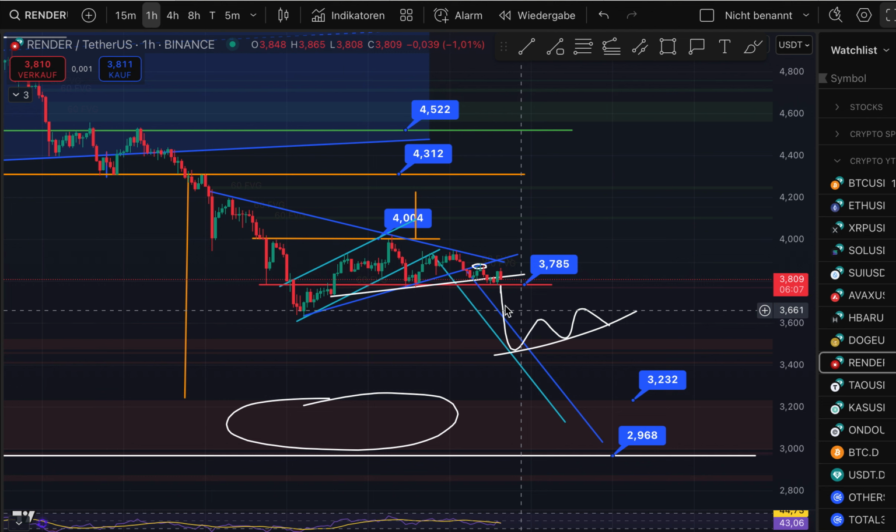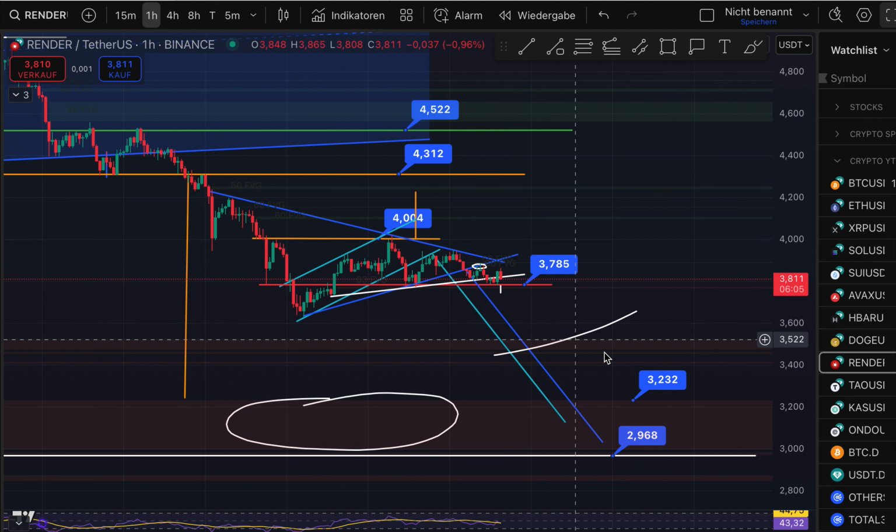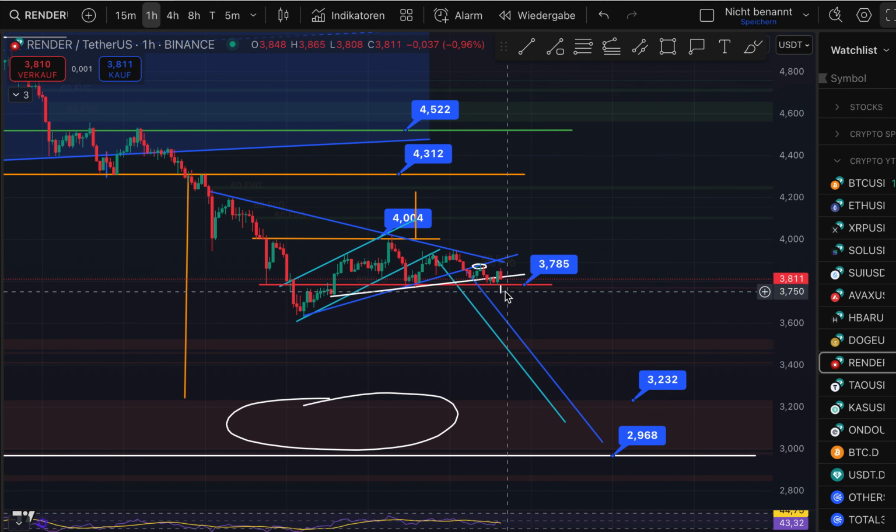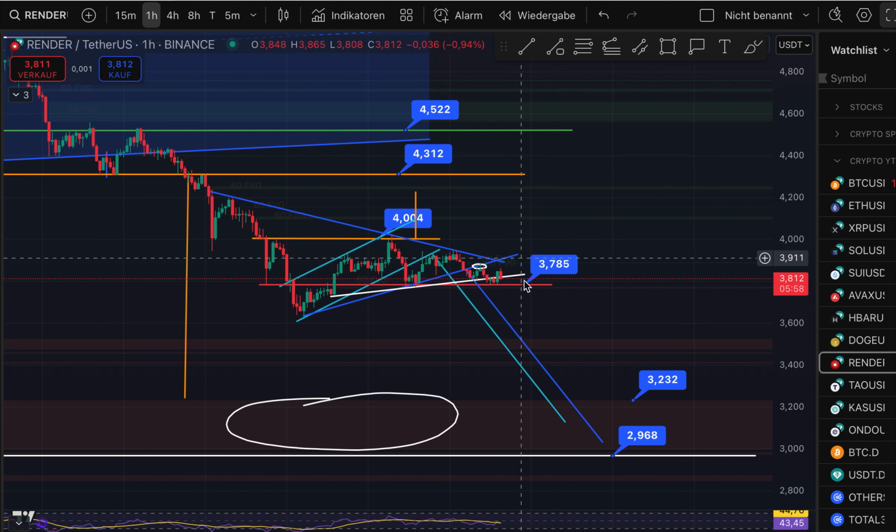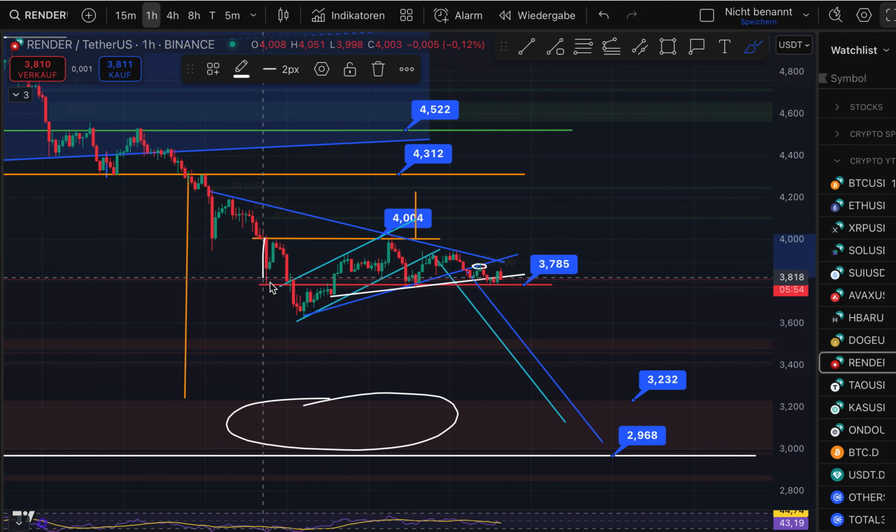$3.78 have to break to the downside. Then I would be bearish and would increase my position size for my short trade. If we break the $4 to the upside before we break even to the downside, then this can also be an inverted head and shoulders formation. We didn't invalidate this pattern yet.